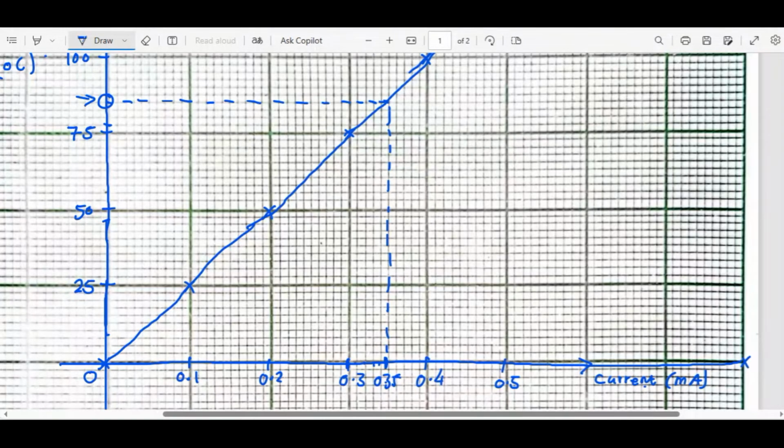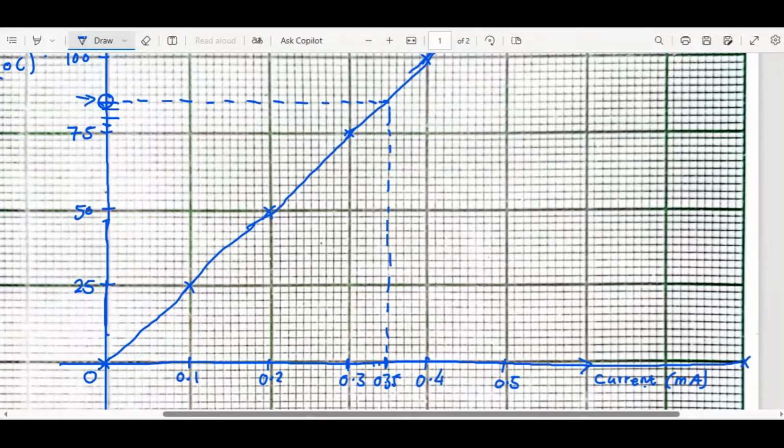So here it's 75. So I'm going to say 75 plus 2.5. Then another smaller one, so plus 2.5. Another one plus 2.5. Another one plus 2.5.